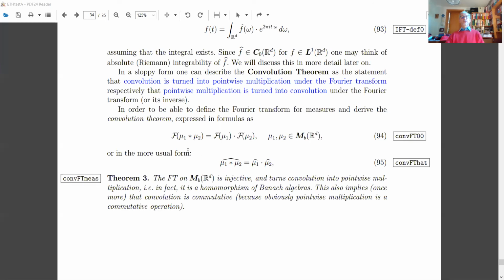And the corresponding expected convolution theorem in this context will be: the Fourier transform of a convolution of two measures is the same as the Fourier transforms taken individually in a pointwise sense. Or in other words, if you use just a hat for the Fourier transform, mu1 convolved with mu2 is just the pointwise product.